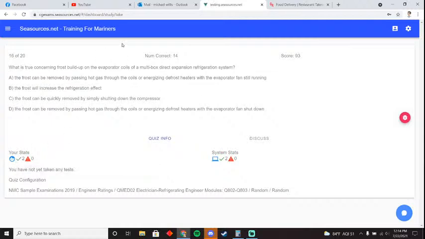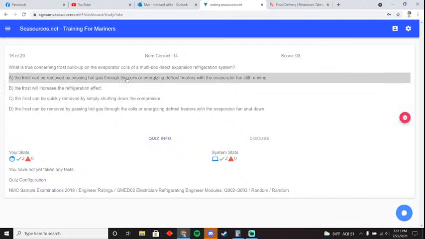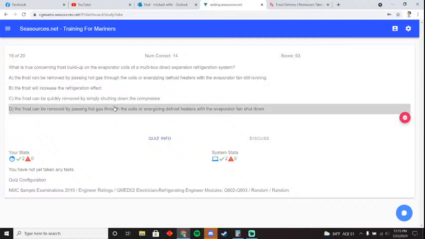If it's a multi-box direct expansion refrigeration system, you can remove the frost by passing hot gas through the coils or energizing defrost heaters while the compressor is shut down. Sorry, I got confused. Frost can be removed by passing hot gas through the coils or energizing defrost heaters with the evaporator fan shut down.